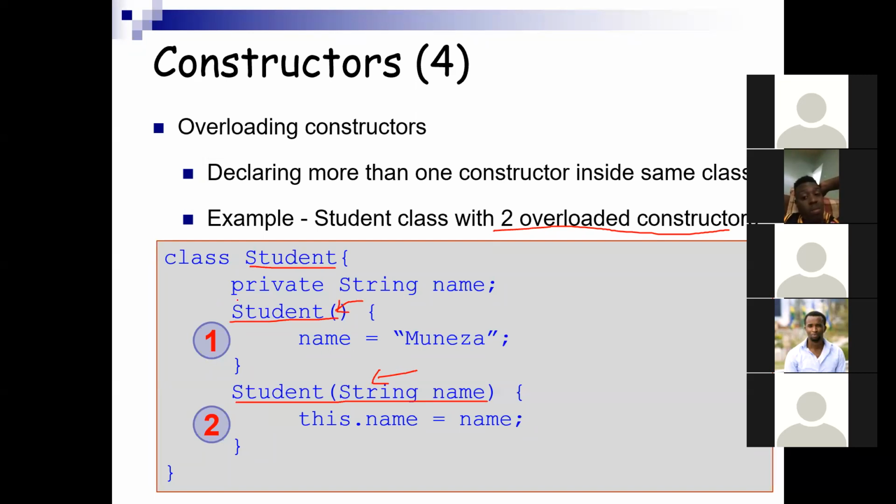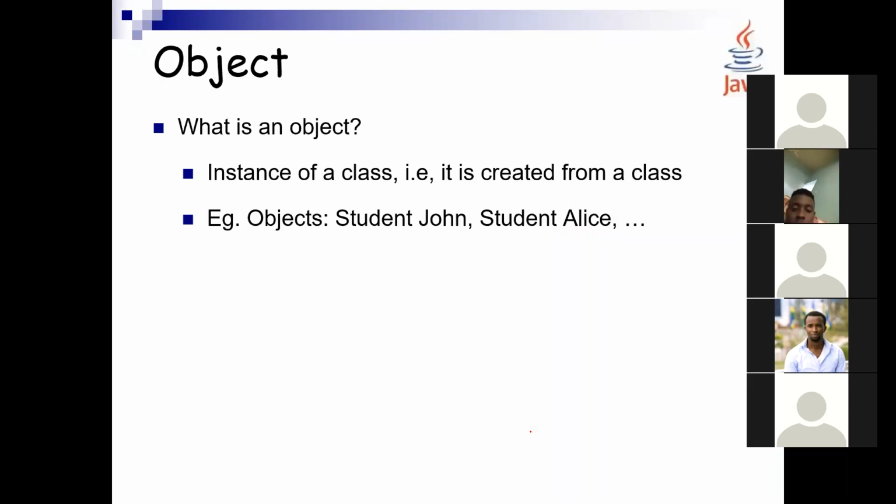So when you have such a situation, this is what you call constructor overloading. Okay. So if I create an object, if I call Student with 0 parameters, I'm referring to this. If I call Student with 1 parameter, I'm referring to this one, because you have many constructors with the same name, but probably different parameters.